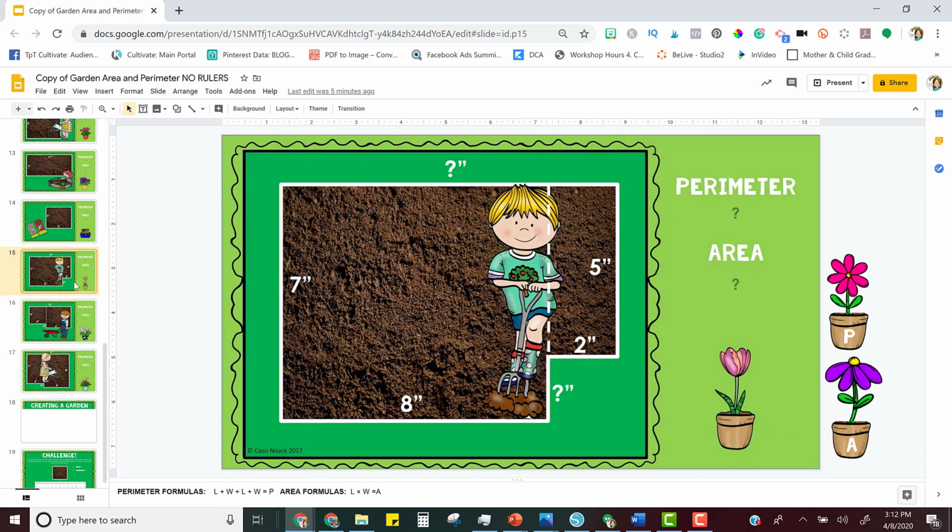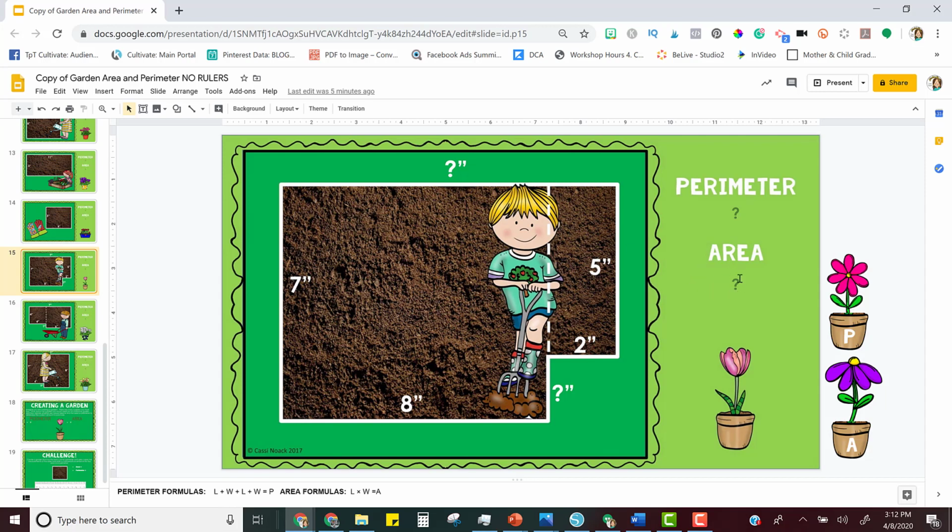Notice that this figure is not a rectangle, but if you divide this figure up, you can see that it's actually made from 2 different rectangles. So in order to find the area of this garden, you just have to find the area of the small rectangle and add it to the area of the large rectangle.